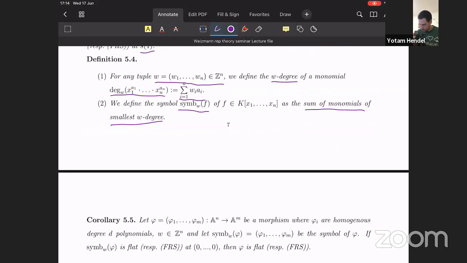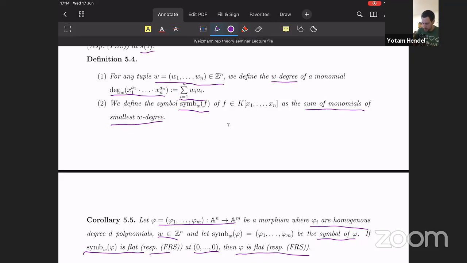And really, repeating what I said, now I have some morphism between the phi spaces. This is the generality that we need because we are talking about Lie algebras. And assuming that I have some homogeneous polynomials and some weight, so just some tuple of integers, then if I can show that the symbol of phi is flat or FRS at 0, then I can show that actually phi is flat or FRS everywhere.